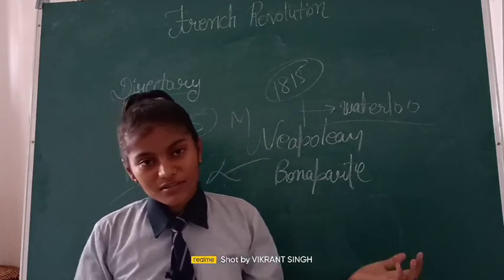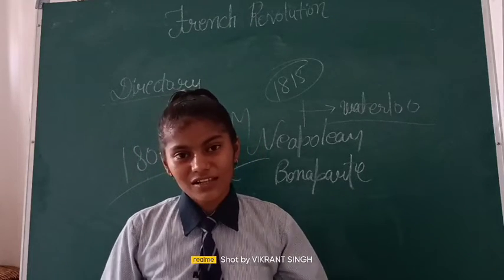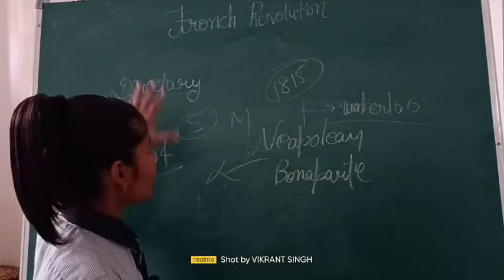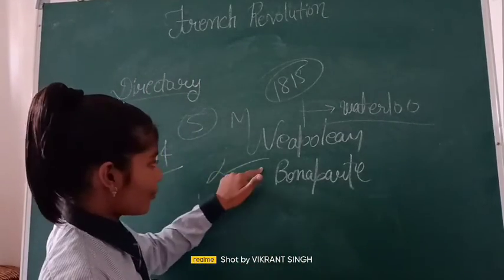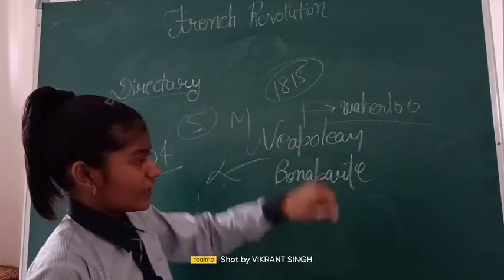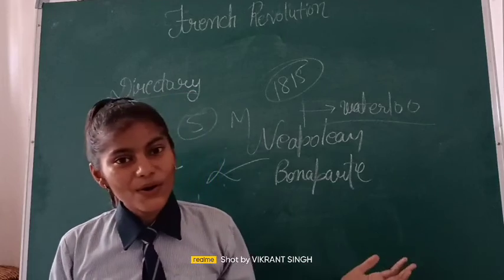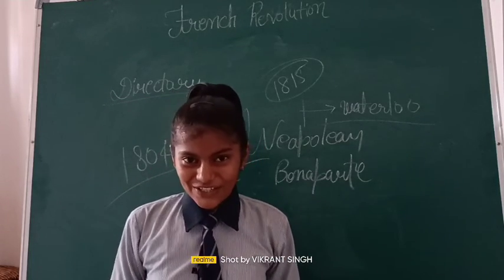Why? Because of scarcity of food and bad harvest, and this led to the subsistence crisis. And that's how the French Revolution actually occurred. Then in 1804, Napoleon Bonaparte took over, and in 1815 he was defeated at Waterloo. That's all about the French Revolution. Thank you for watching this video, and bye.